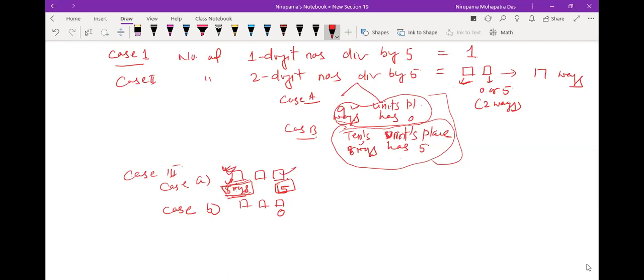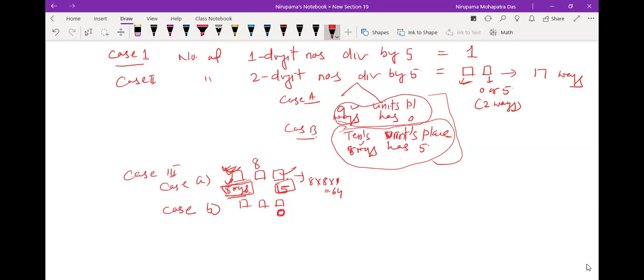So again you are having 8. So when 5 is in units place, you are having 8 into 8 into 1, 64. Now if you are having 0 here, you don't have any worry here.